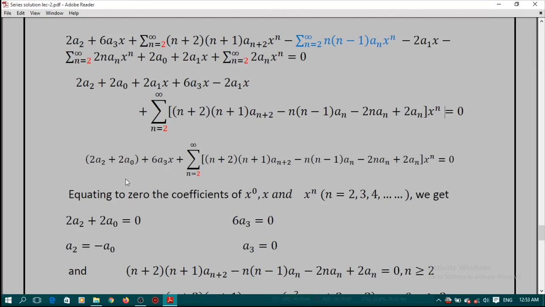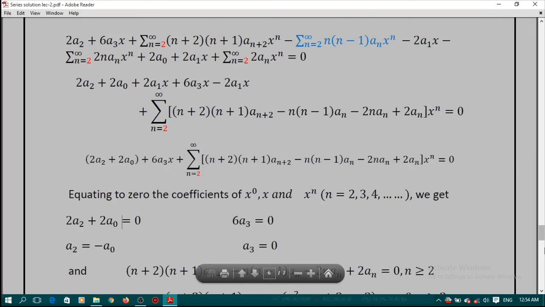So first equating the coefficient of x raised to 0, it is 2a2 plus 2a0, that equals to 0. So we get a2 is equal to minus a0. Now equating coefficient of x, that is 6a3 with 0. So 6a3 is equal to 0, that means a3 is equal to 0.